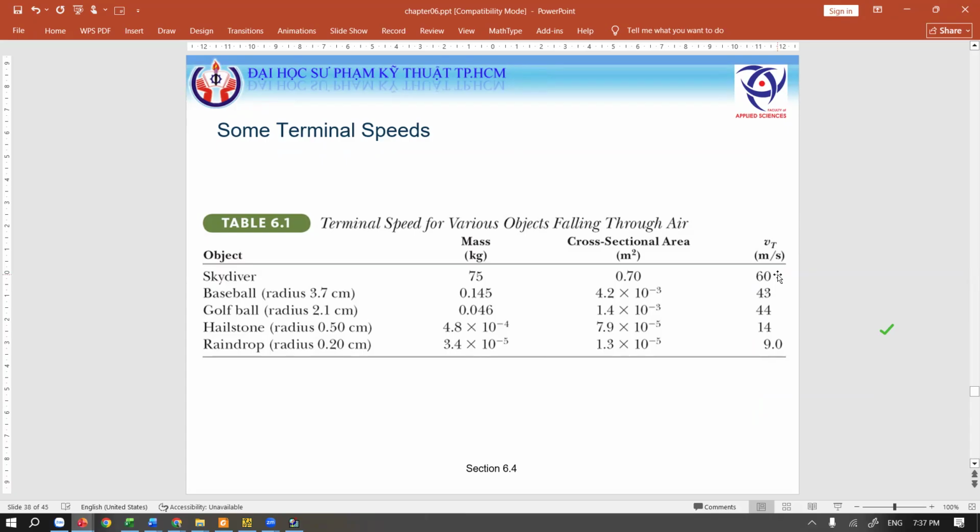60 meters per second. How many kilometers per hour? Can you answer me?